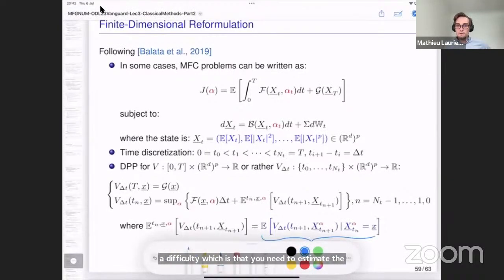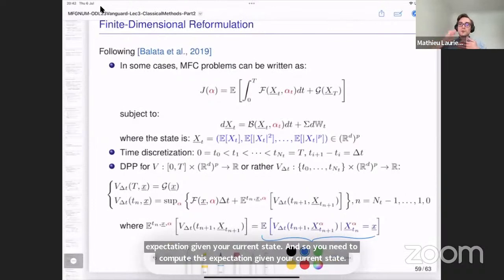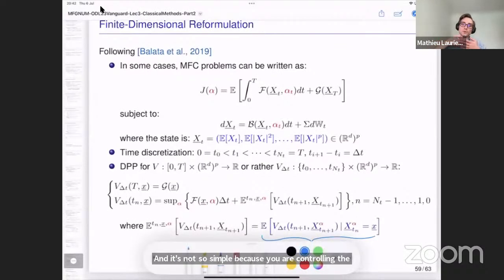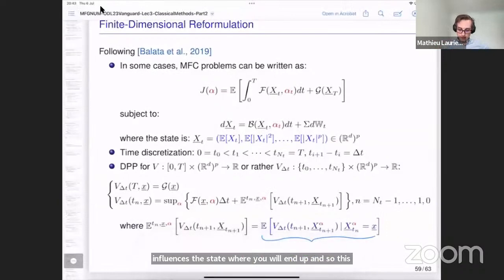So in order to go backward in time, you need to estimate the value at the next time step, which is given by your value function, but there is a distribution over the states. And so you need to compute this expectation given your current state. And it's not so simple because you are controlling the transitions. So you control the transition and this influences the state where you will end up. And so this conditional expectation is not so easy to estimate.